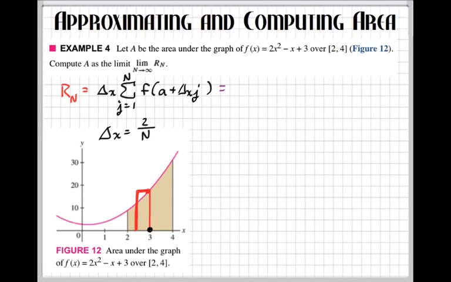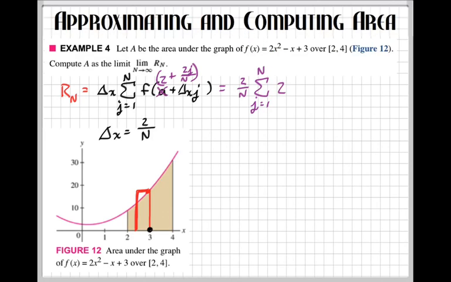We have 2 divided by n, which is our delta x, sigma, j equals 1 to n, and then we know what a is. A is 0. Actually, no, it's not 0, it's 2. That's the beginning of our interval. So this is 2 divided by n, and we have a j multiplying that. We're going to plug this into f, and f is right here, so we have to write all that out. Ooh, that looks nasty.